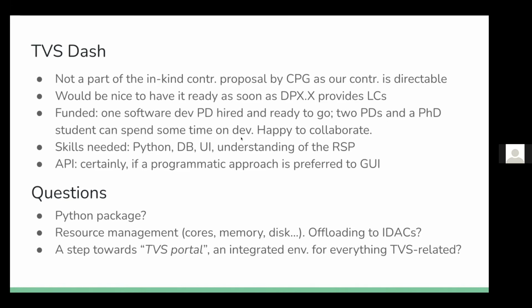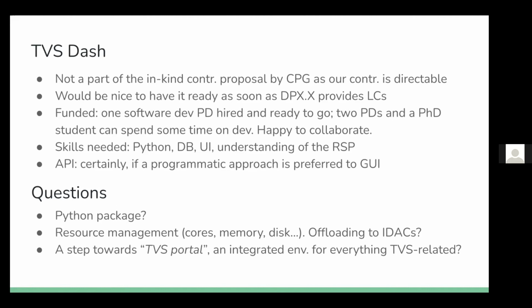In addition to the postdoc that's going to work on the software development, we also have an additional 2 postdocs and a PhD that could spend some time on the development, but we foresee that some collaboration with external developers would be necessary because this is a rather large project.